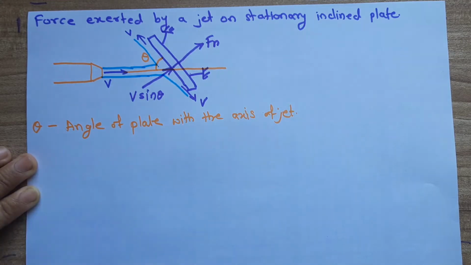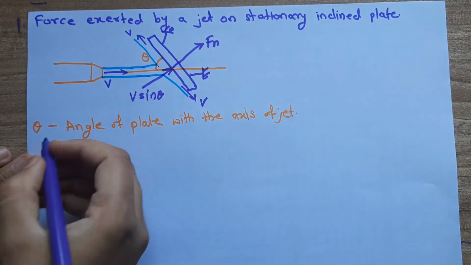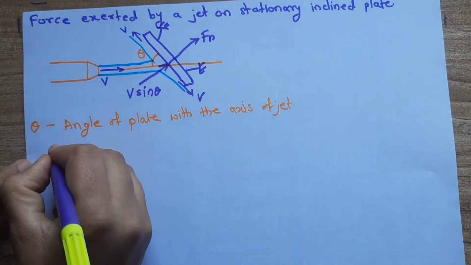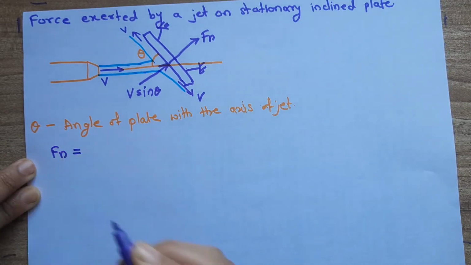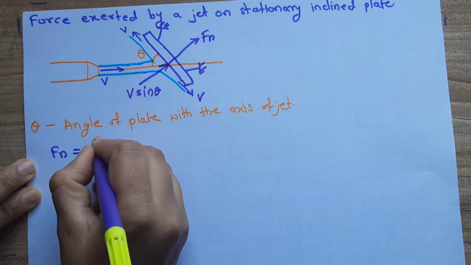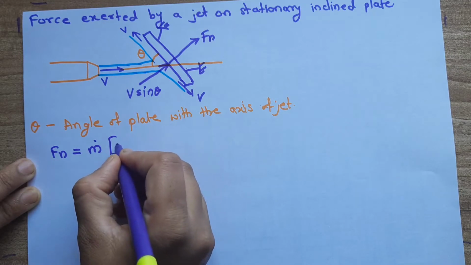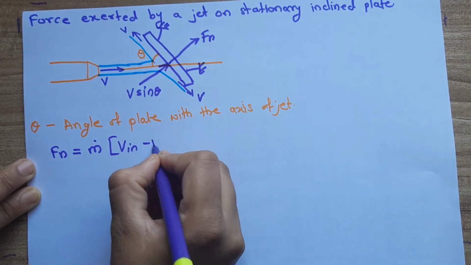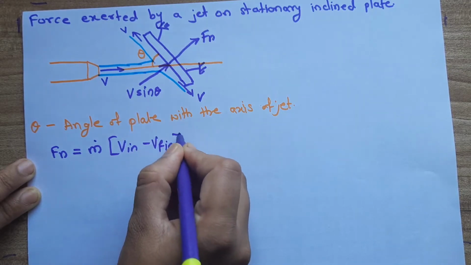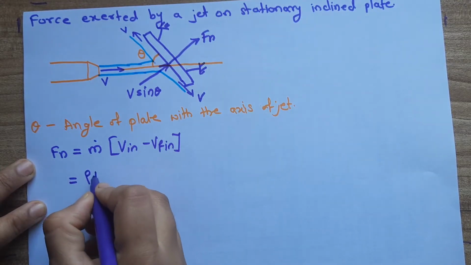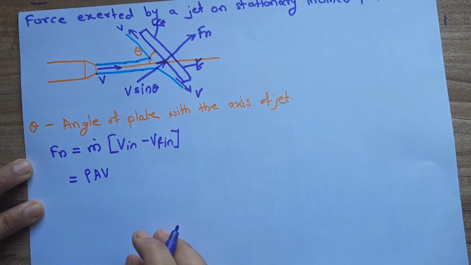Now let's find out the force in the normal direction. By applying the impulse momentum principle, that is m dot into v initial minus v final. As the plate is stationary, m dot we can write as rho a into v.